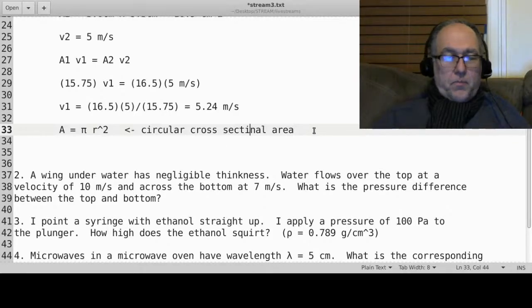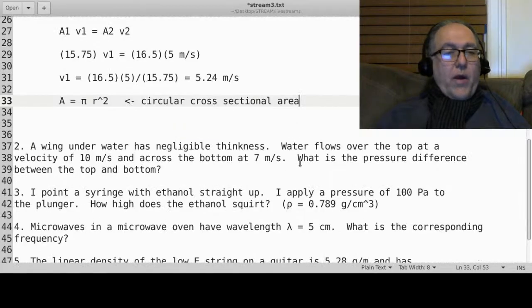But you've probably seen that a lot of times. Again, just to be a little different, I decided to use a rectangular cross-sectional area. All right, so let's move on.